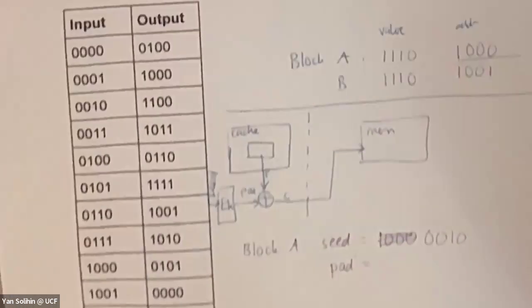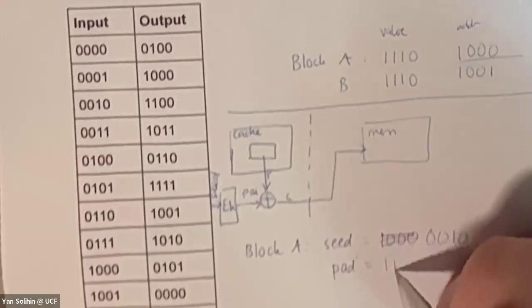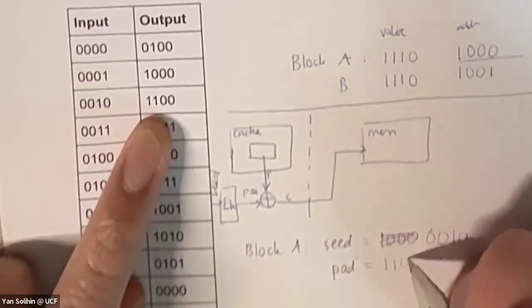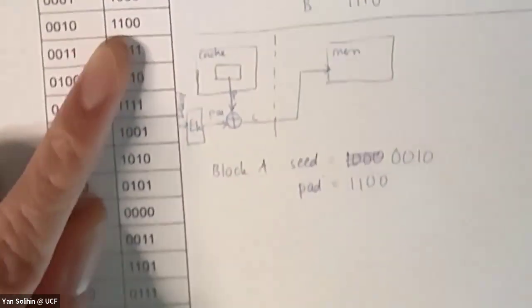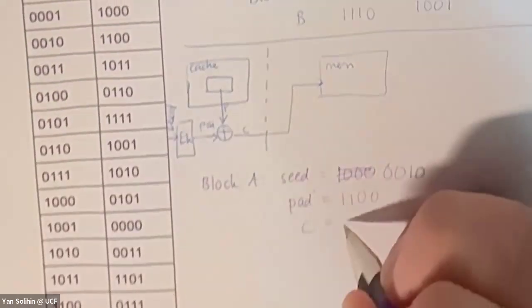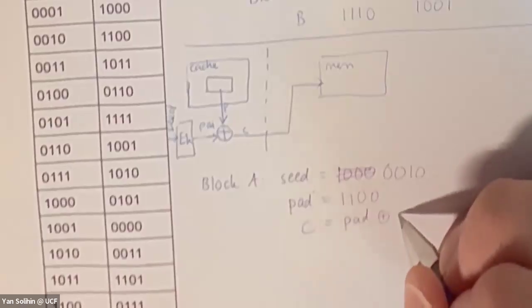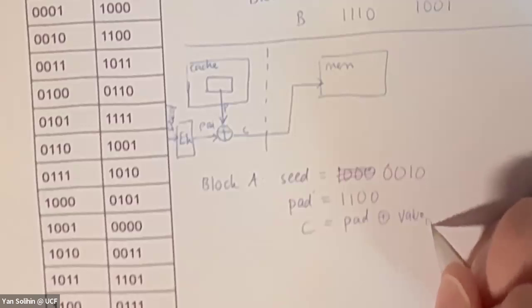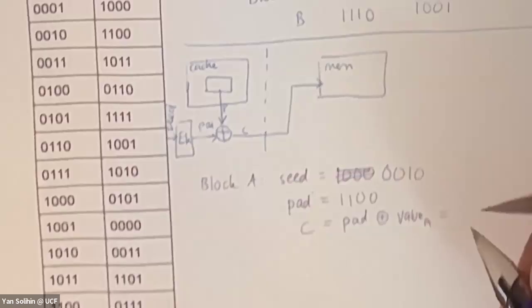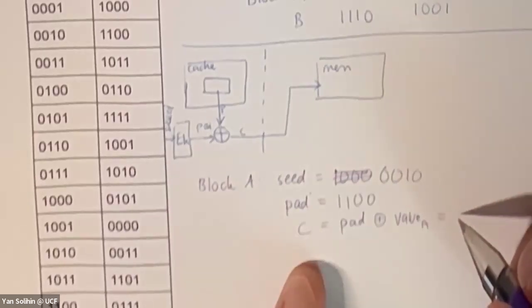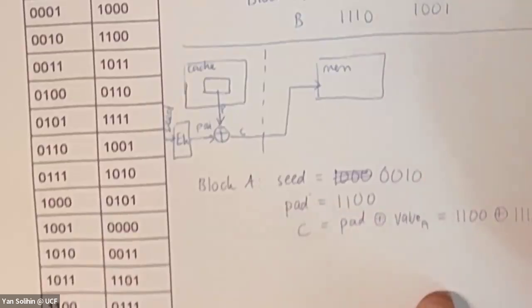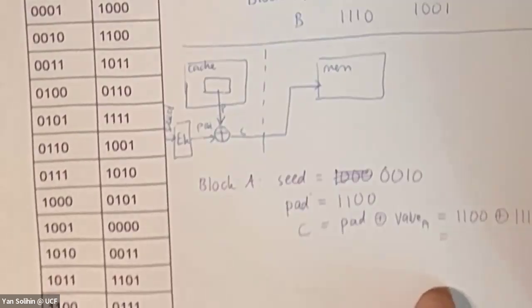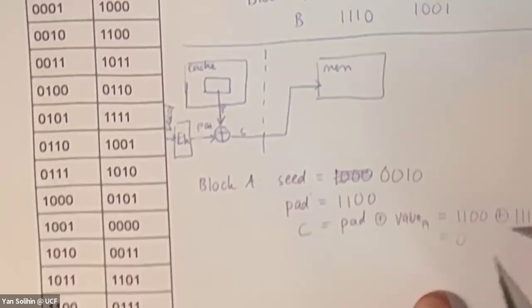So the pad is 1100. Next, the ciphertext is the pad XOR with the value of block A. So the pad 1100 XOR with the value 1110 leads to: 1 XOR 1 is 0, 1 XOR 1 is 0, 0 XOR 1 is 1, 0 XOR 0 is 0.